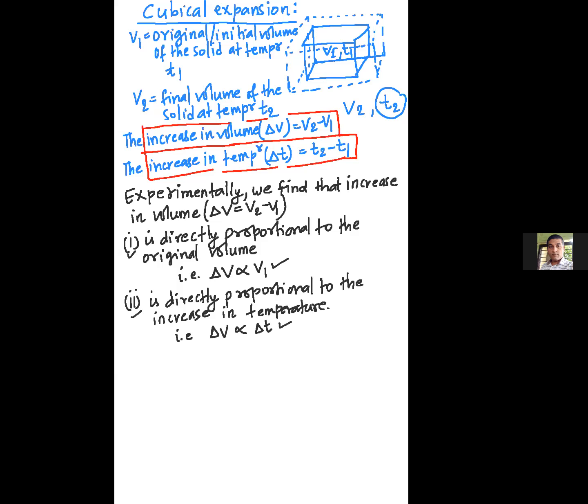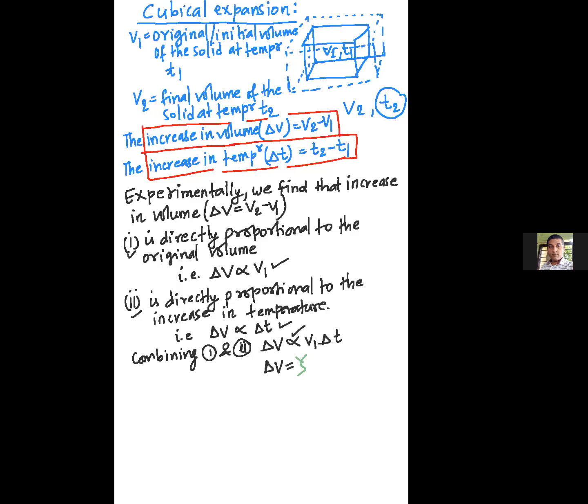Now we need to combine these two factors. Combining 1 and 2, we get delta V proportional to V1 times delta T. Now we need to remove this proportionality. When we remove proportionality, we have to introduce a constant of proportionality, and the constant is gamma for cubical expansion.